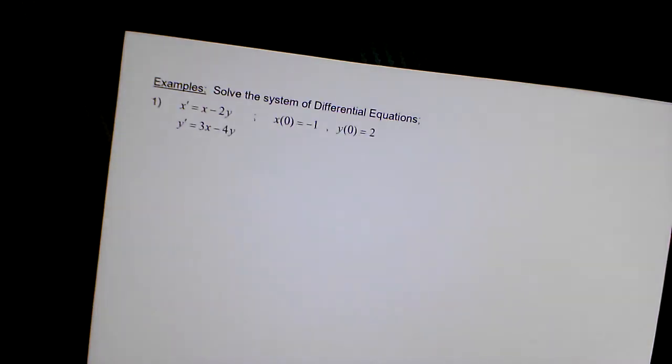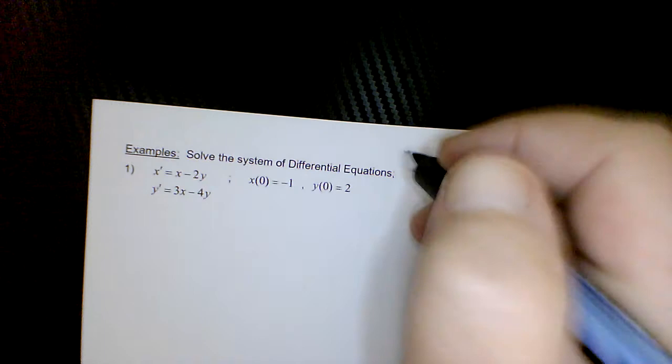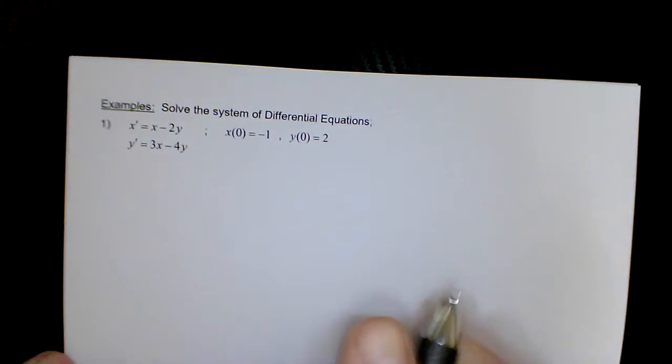Okay, so an example. Here's the system. Let's remind ourselves of the basic transformations for the functions.